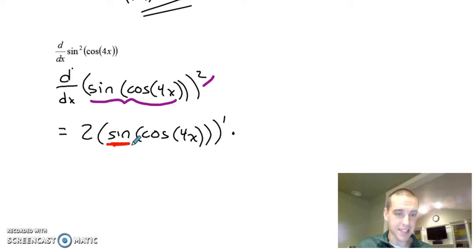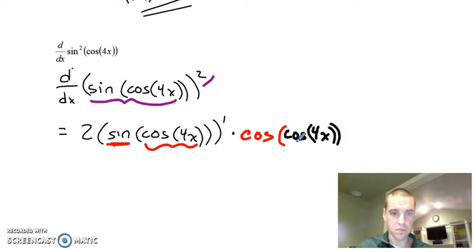Notice that this is the big function, this is the small function. So times the derivative of sine, which we know is cosine. Keep the inside the same, multiplied by the derivative of the inside.